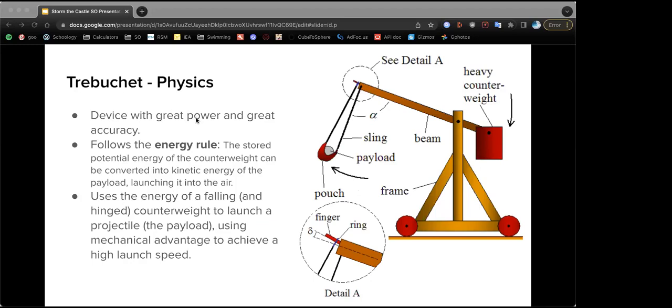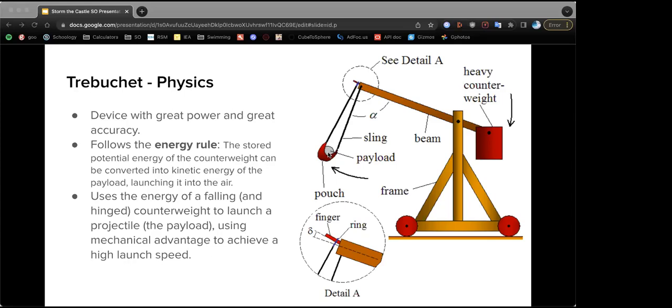The energy rule is basically when the potential energy of the counterweight, this heavy counterweight here, is converted into the kinetic energy of the payload. The projectile that you're launching, which is in this case the ball, right? The kinetic energy ultimately supplies the payload with energy that launches it into the air.